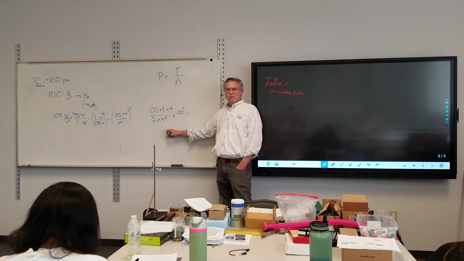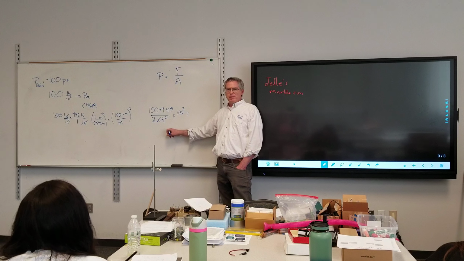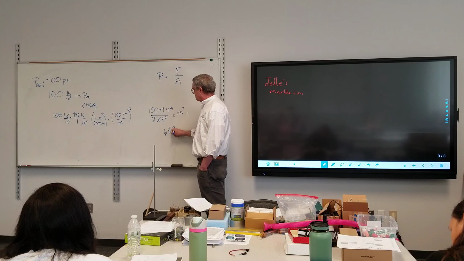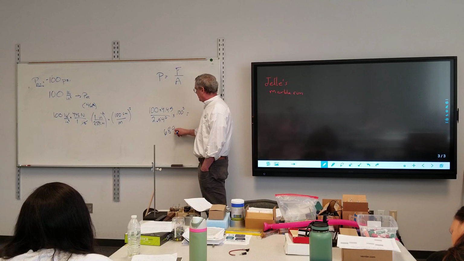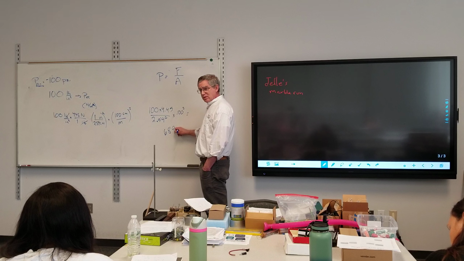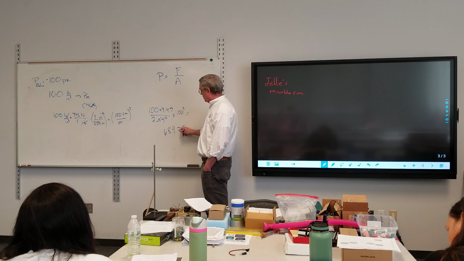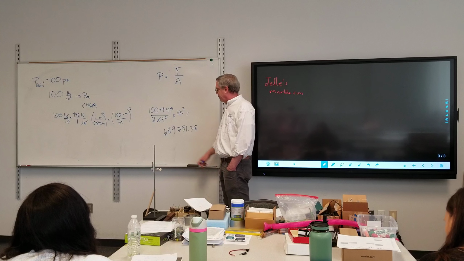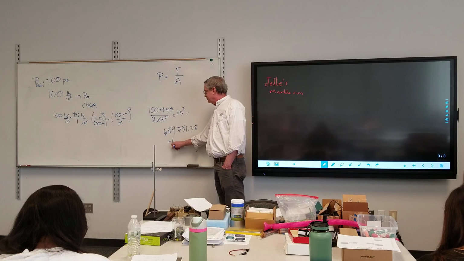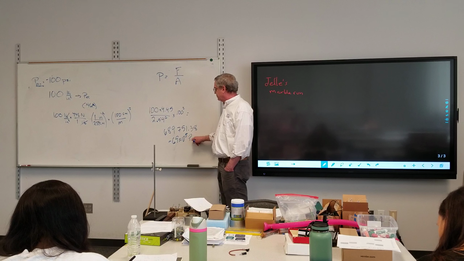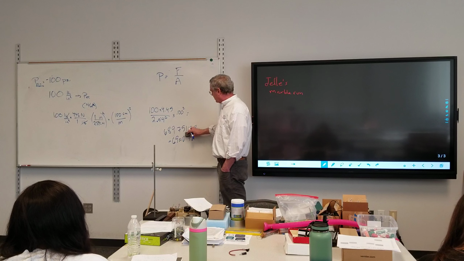Attention notes. Side bets are being made. $689,751.38. 689,000. 751.38. All right. So approximately 6.9 times 10 to the 5th pascals.